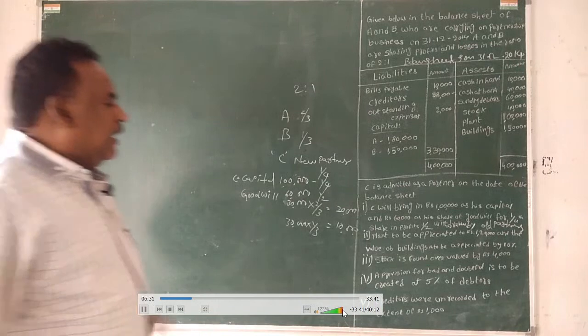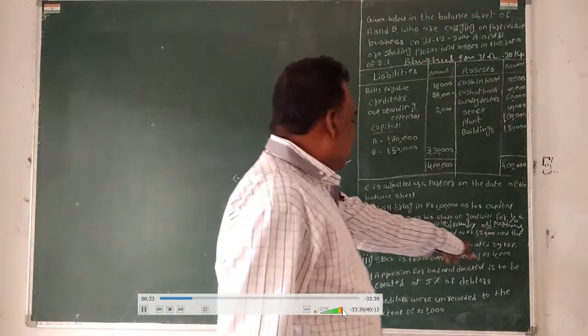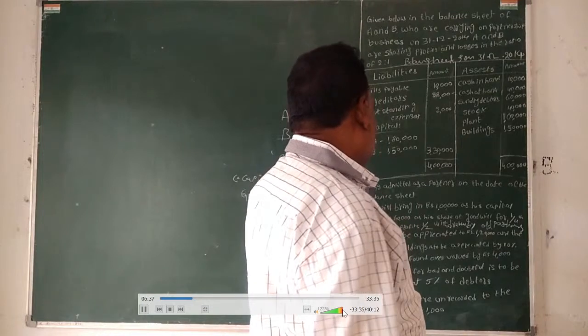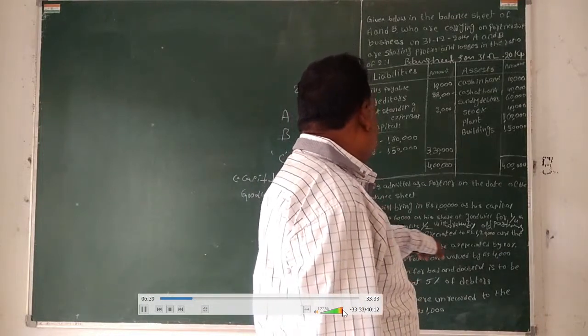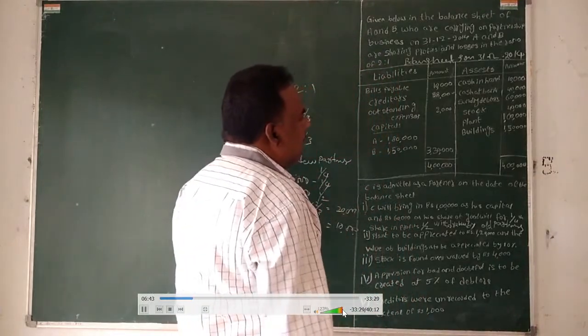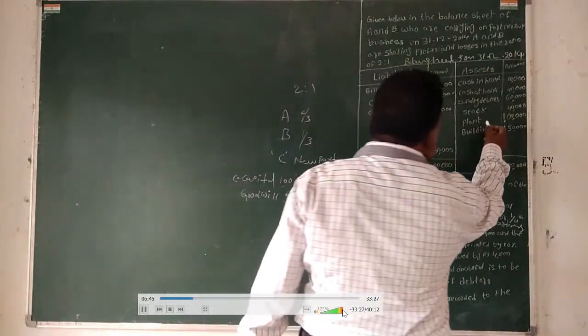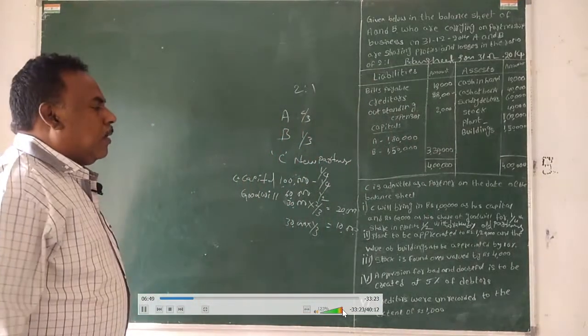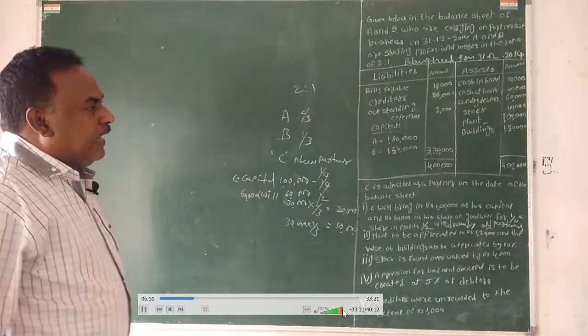Then the value of building is appreciated by 10%. Building value is 1,50,000, so appreciation of 10% is 15,000. Book value 1,50,000 plus appreciation gives 1,65,000 in the new balance sheet.